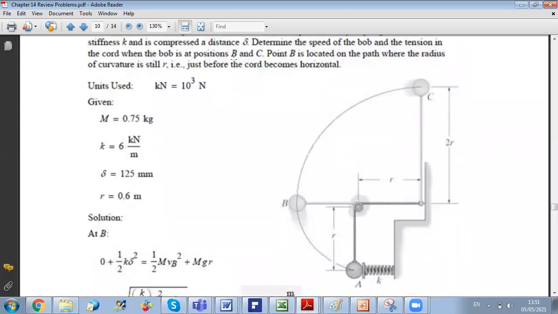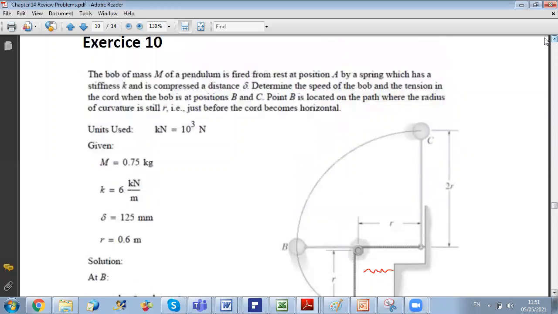First, at the initial stage, the ball is compressing a spring. Okay. عطينا انه initially the distance, the value of delta. Just let me check what is A here. Okay. So they said that it is compressed a distance delta. يعني delta هون هي compression of the spring.